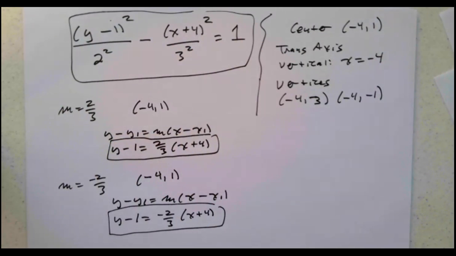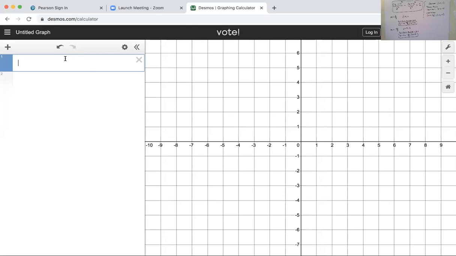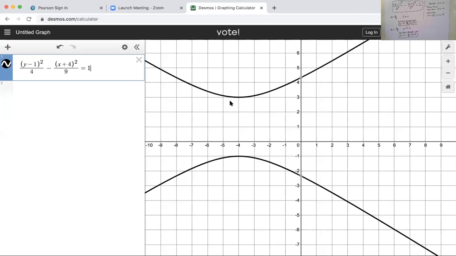So let's go to Desmos and draw that, and then we'll find our foci lastly. So y minus 1 squared over 2 squared, or 4, minus x plus 4 squared over 9 equals 1. Looks like that.